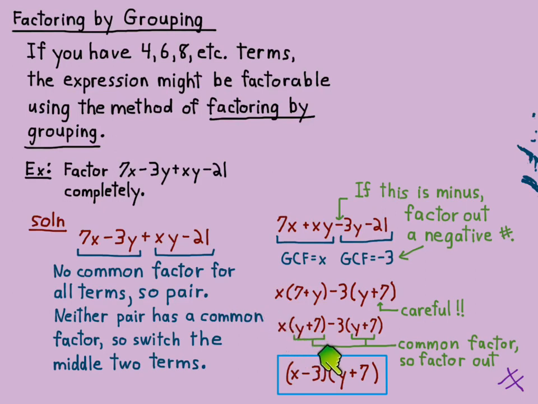Minus 3 times y is minus 3y. Right there. Minus 3 times 7 is minus 21. Right there. So you can always tell if it's right or not. If it's not right, go back and figure out the mistake. Usually the mistake is you made a problem with a sign, or you don't understand what's going on at all.